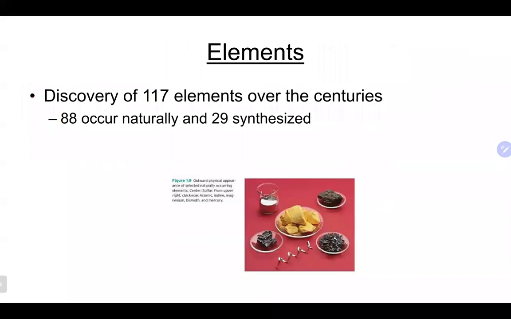All right, let's talk a little bit about the elements. There's about 117 elements. They obviously are listed here on the periodic table with their symbols. 88 or so of them occur naturally. Some are synthesized. A lot of the ones that are sort of man-made, if you will, are usually found down here in this part of the periodic table, with some weird symbols.